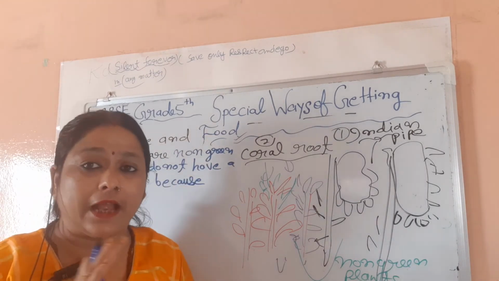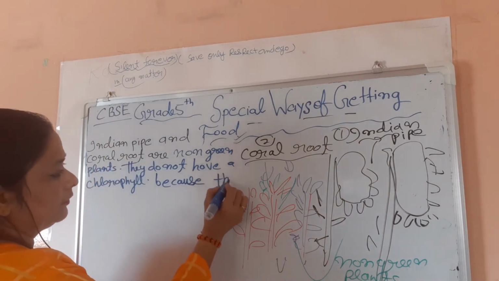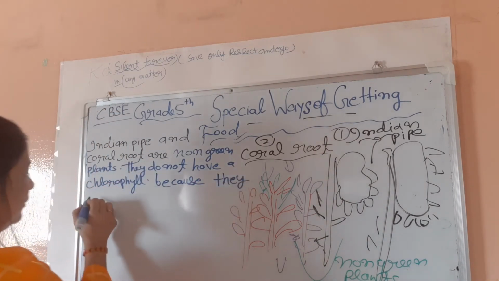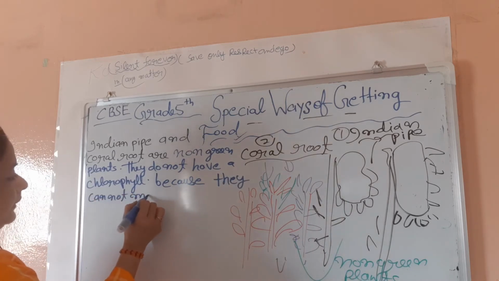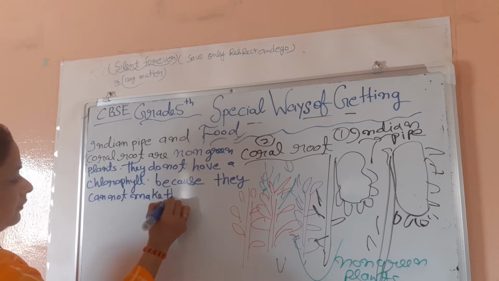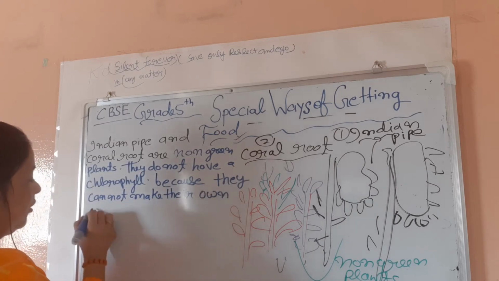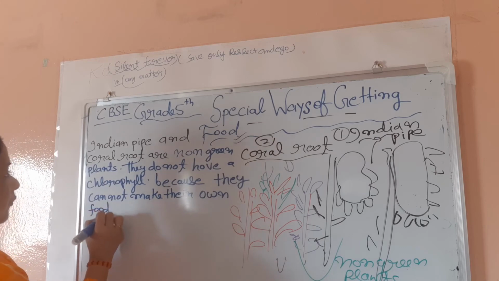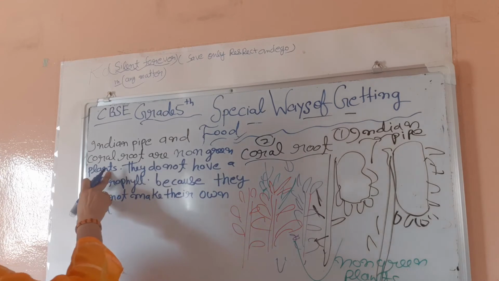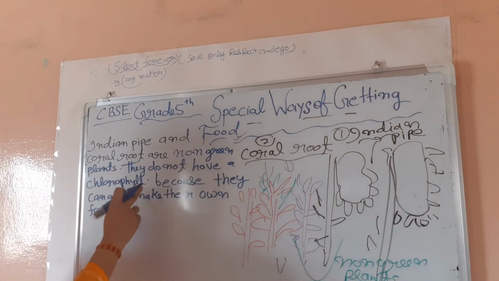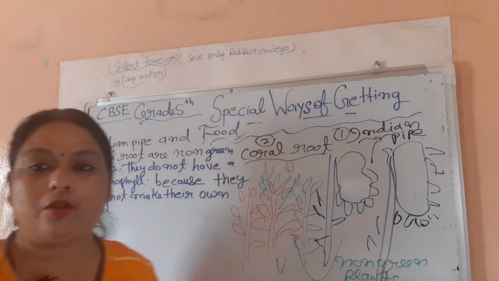Both plants cannot make their own food. Indian pipe and coral root are non-green plants. They do not have chlorophyll because they cannot make their own food.